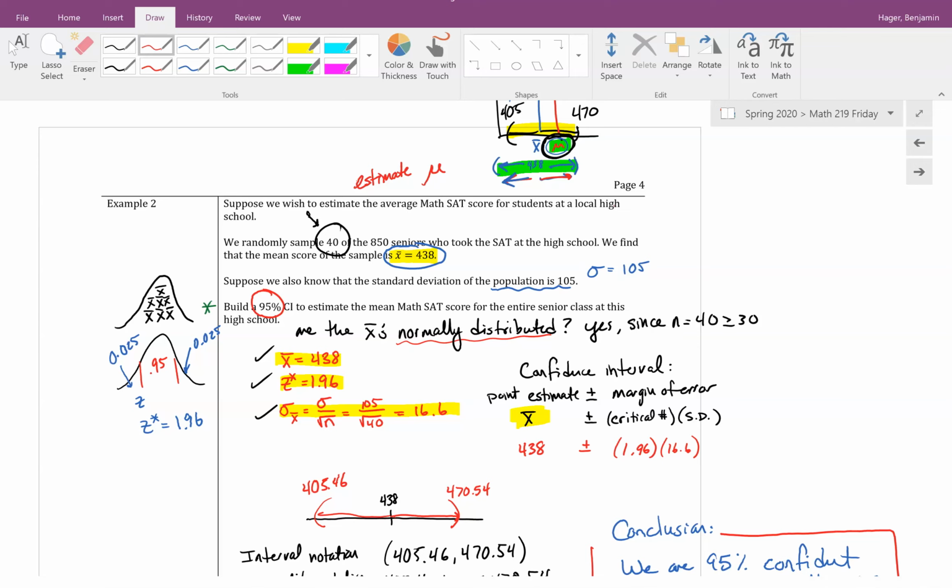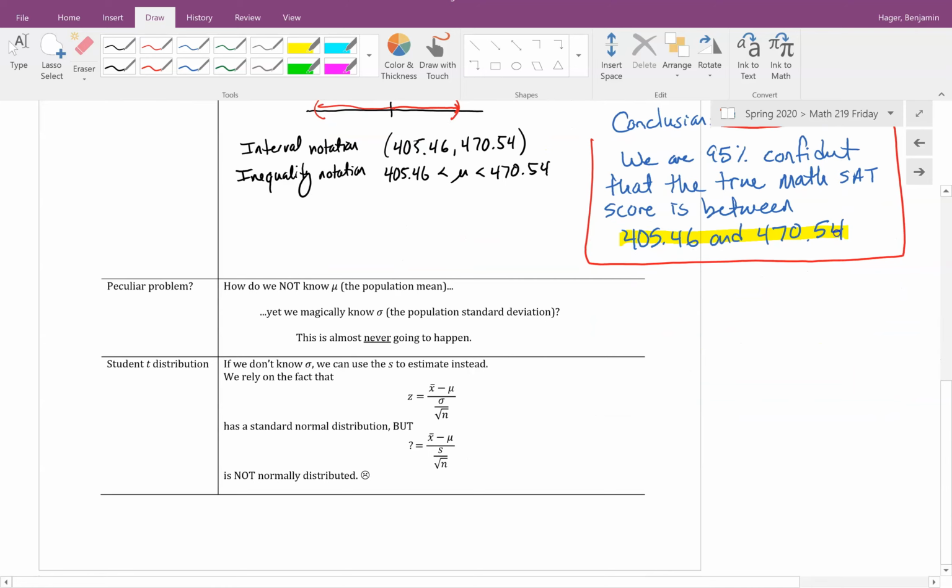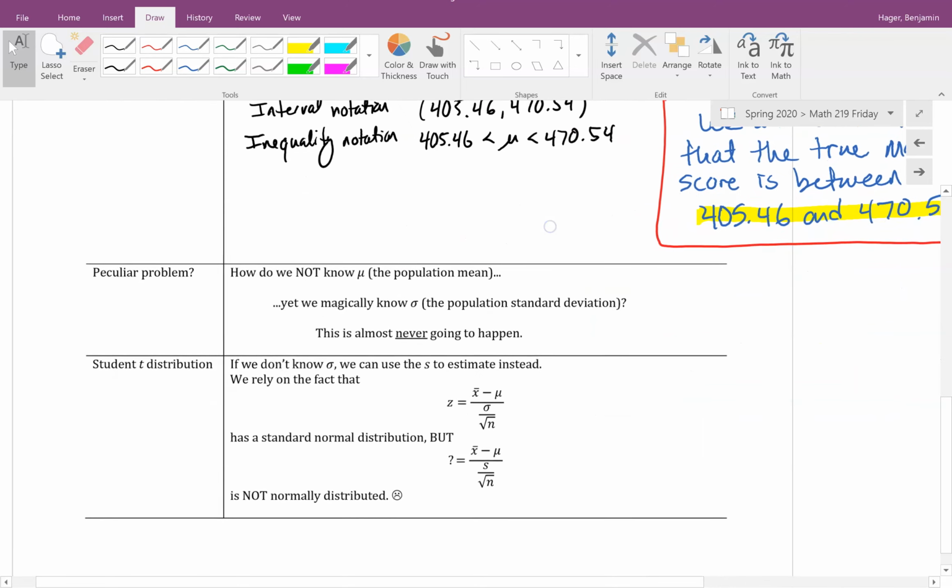That's bizarre. You'd be more likely to know the mean. So there's an issue with this, and there's a way to get around it. How come you don't know the mean but you do know the standard deviation? That's probably not likely to happen. There are times when it could, but most likely that's not going to be the case.